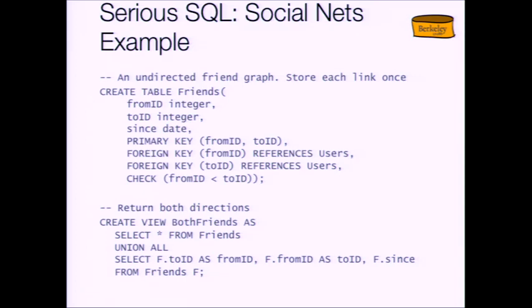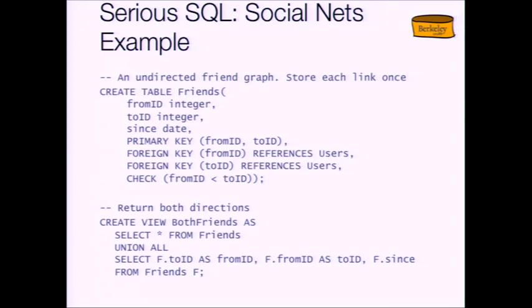And these two IDs are foreign keys referencing users, so they have to be records that exist in the users table. Then I want to make sure in my friends table I only have records where the from ID is smaller than the to ID. So if A is friends with B and B is friends with A, they're only in that table once, because I'll have A and B, but I won't have B and A. That's what this check constraint does.